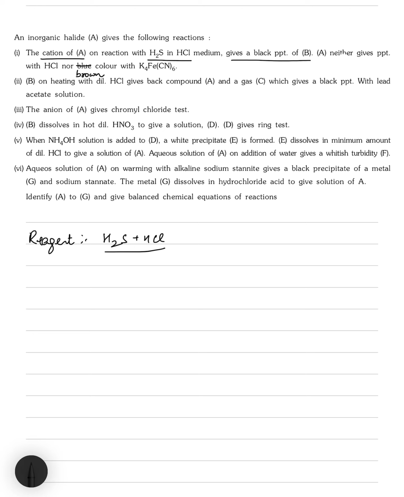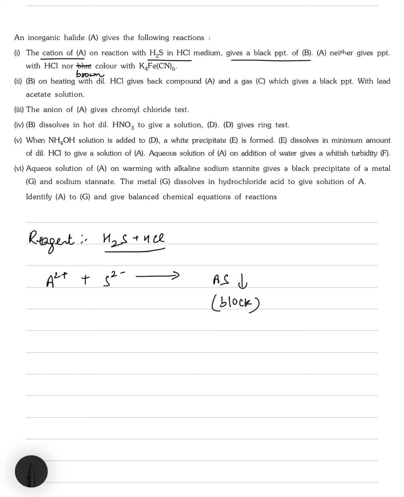Basically the cation is there, and when it reacts with the sulfide ion from the reagent, it will form a sulfide salt. This sulfide salt is obtained as a black precipitate. Which of the cations in group 2 gives a black precipitate?